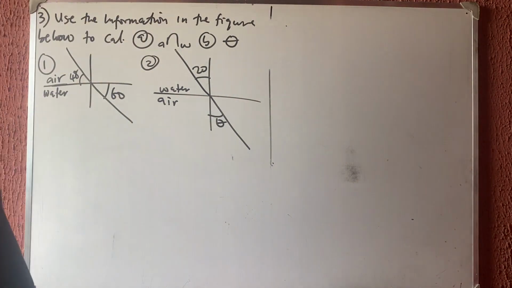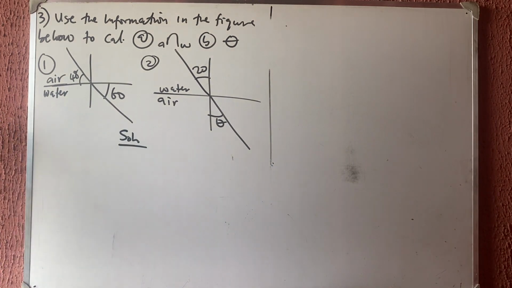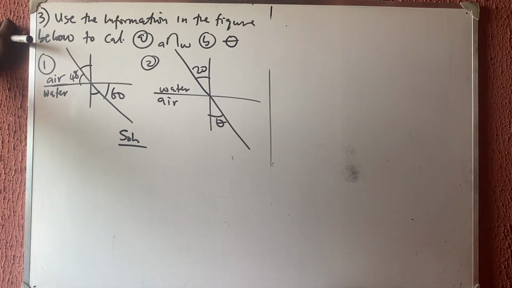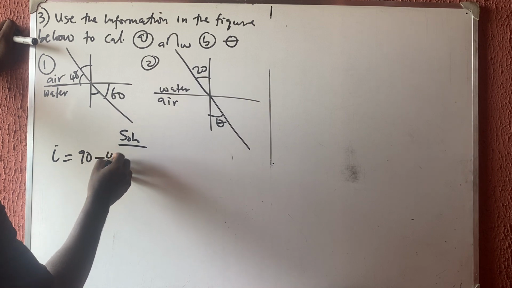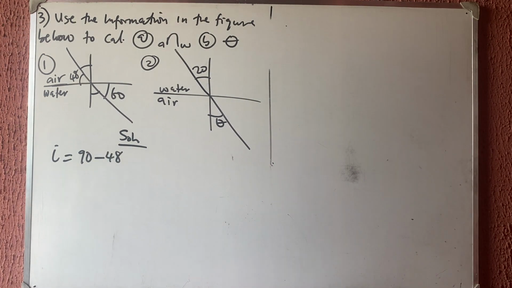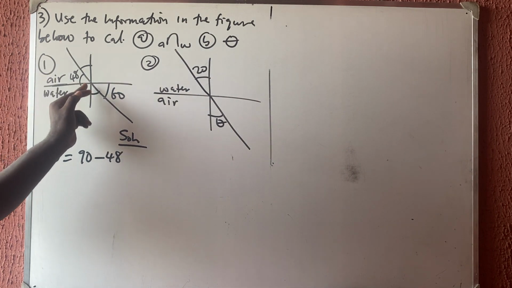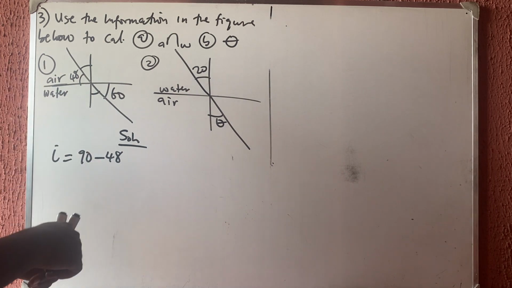All right, so let us now solve. Now, if you look at this, you see that automatically I can get my I and my R here. So my I is simply 90 minus 48, because my incident angle is the angle the incident ray makes with the normal. Please, they may ask you to define it.